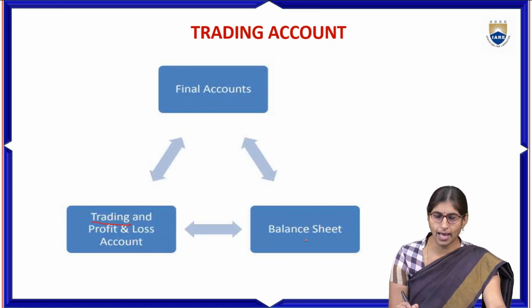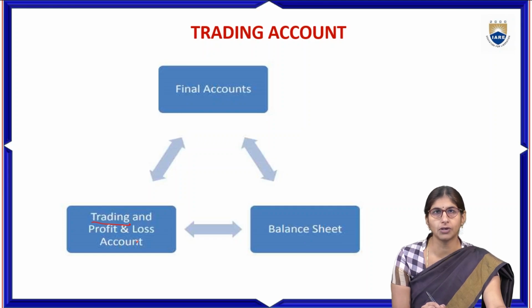The trading account is going to ascertain gross profit and the profit and loss account is going to ascertain net profit. So finally we can understand what is the total net profit earned for a particular year.